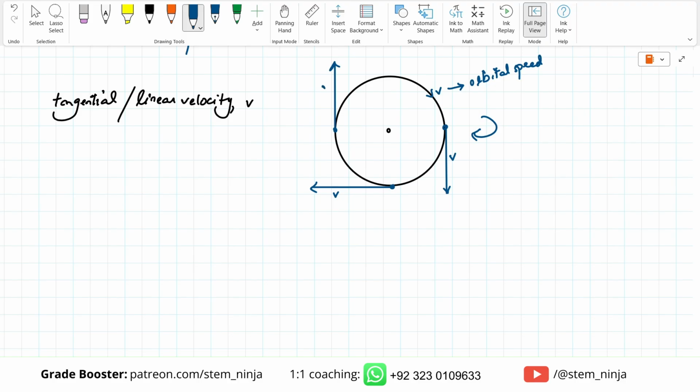Now, what does this direction represent? It represents that if, for example, the connection between the object and the center is eliminated, the object will move off in this direction. This is why it's called tangential velocity.